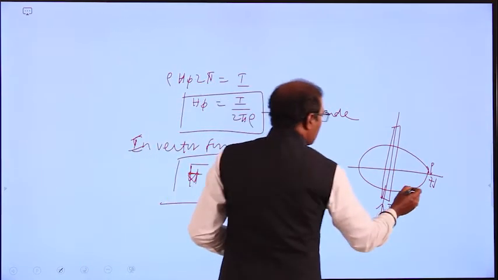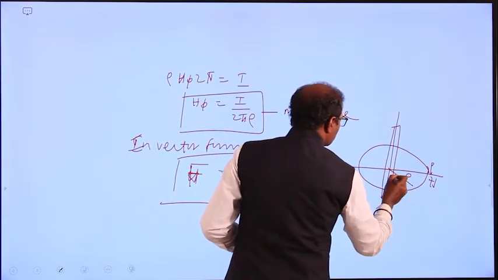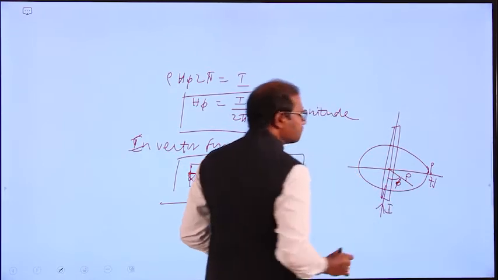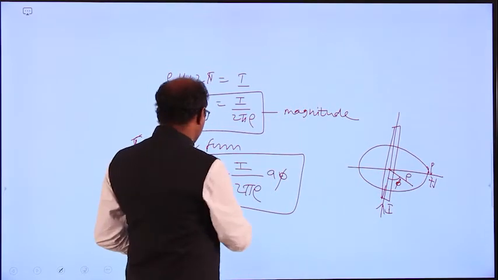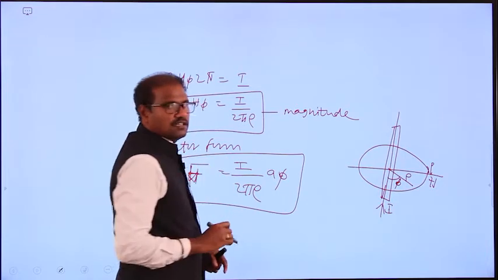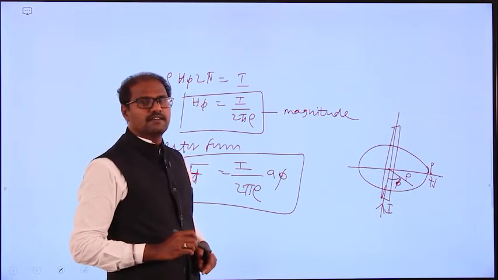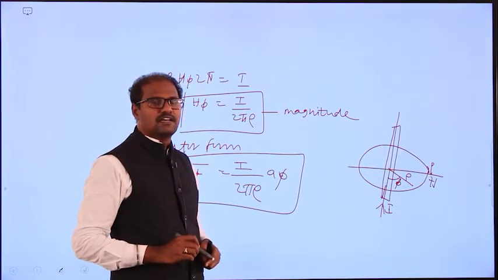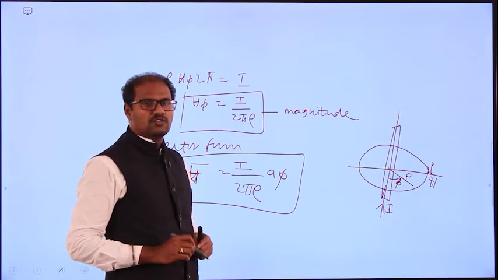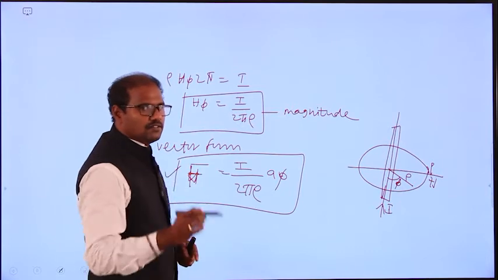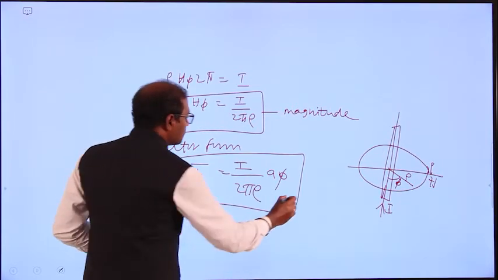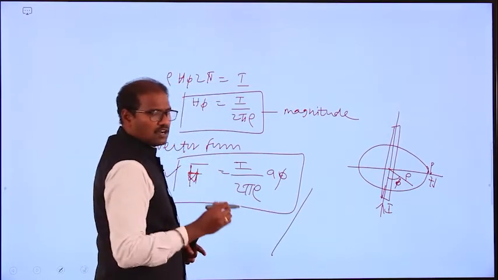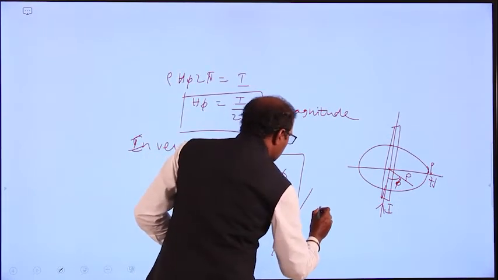So finally we got the distance is rho, and this is called the azimuthal angle phi. So finally we got the magnetic intensity H for infinite line current. You can refer to the Biot-Savart law for infinite line current. What is the equation of Biot-Savart law?